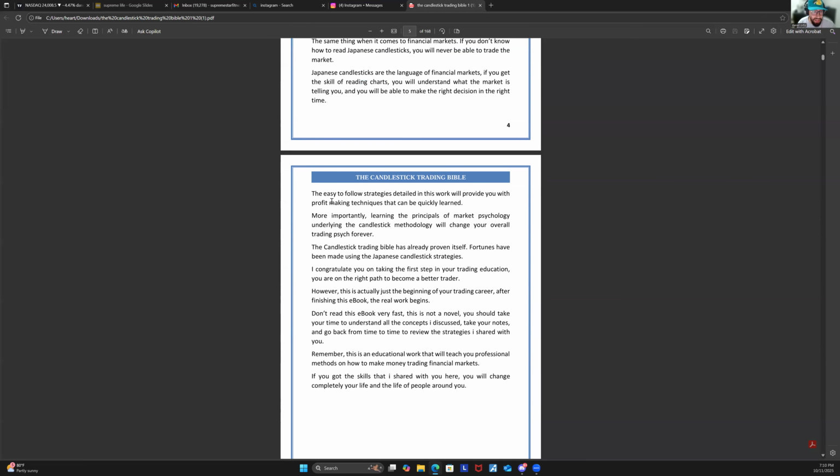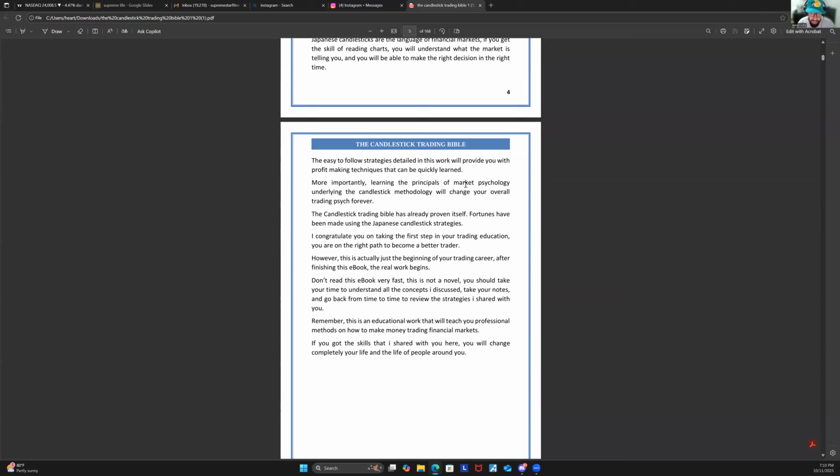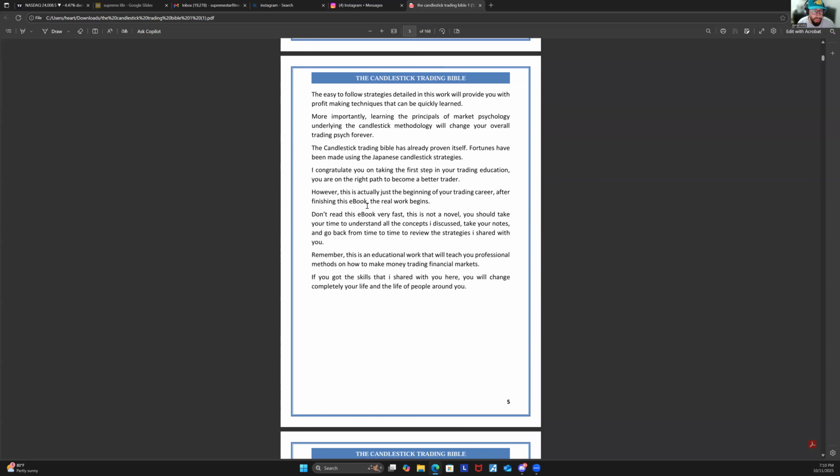The easy to follow strategy is detailed in this book, with profit making techniques that can quickly be learned. Most importantly, learning principles of market psychology and underlying candlesticks methodology will change you overall. The Candlestick Trading Bible has already proven itself, so you're not learning for nothing.